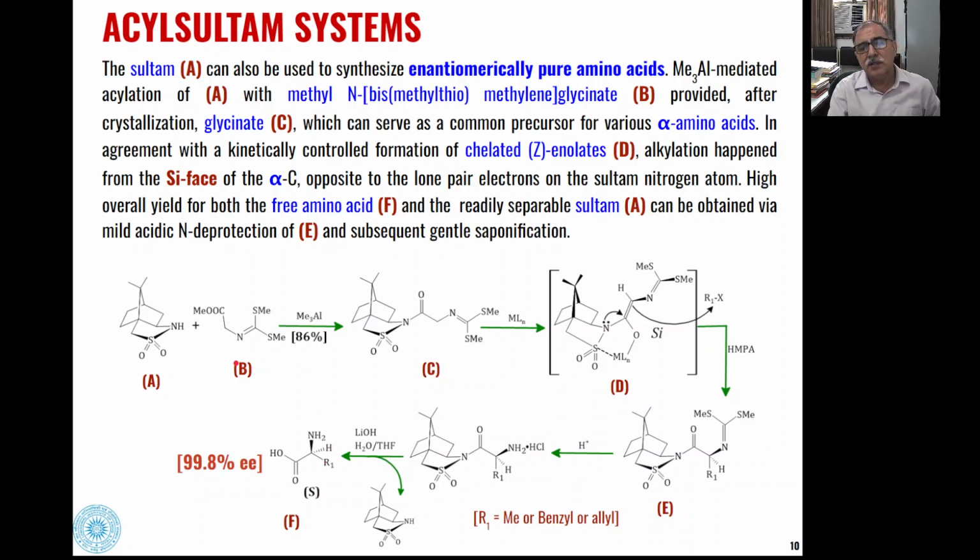Similarly, this N-acyl sultam, or the sultam, can be used for the synthesis of enantiomerically pure amino acids also.